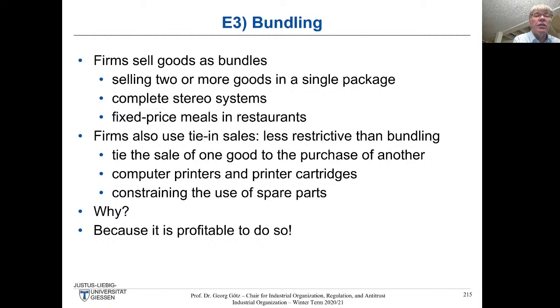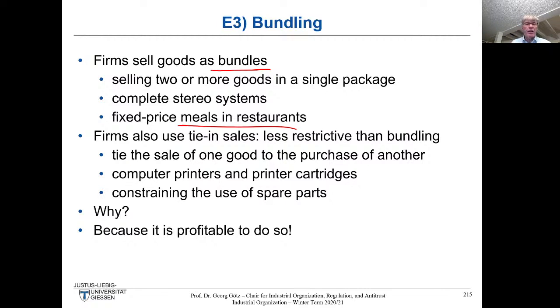What does it mean? Typically many firms sell products as bundles. If you go to the cafeteria in our Mensa at the university, you very often get meals which consist of a dessert, a main course, and a salad or something like that. If you want to buy software, you cannot even buy just Microsoft Word. You have to buy the whole Office bundle.